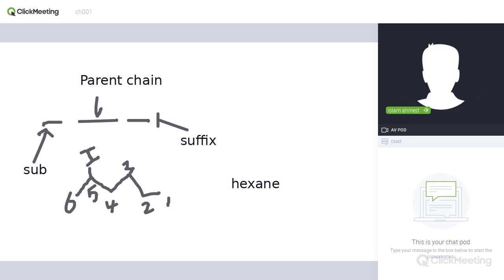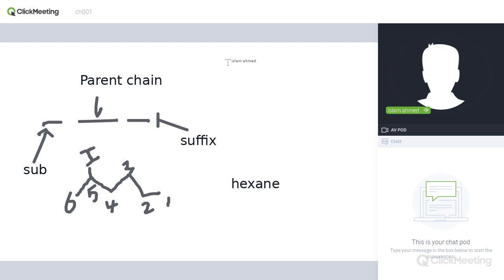If we have a double bond, we will add ene, so it will be hexene. If we have a triple bond, it will be hexyne, Y-N-E. Okay, so this is the first thing which we counted, the parent chain in the middle. Then we will add a suffix which represents the functional groups.